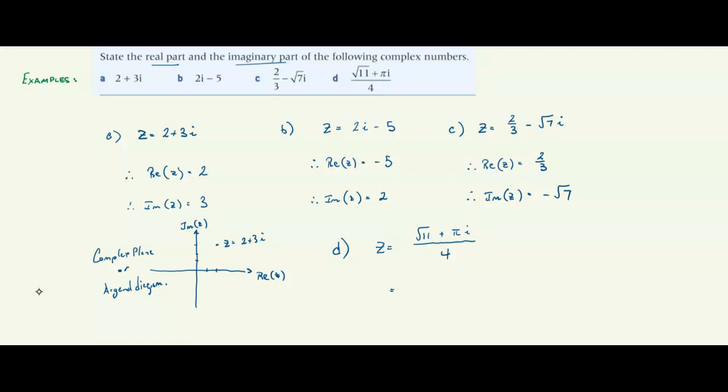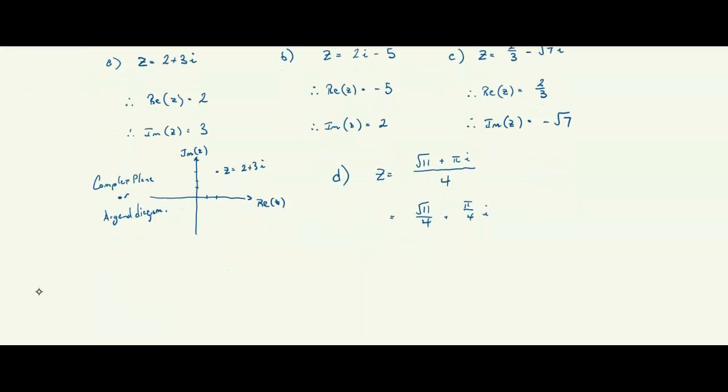So I want to see quite clearly my real part and my imaginary part. Therefore, my real part of z is equal to root 11 over 4, and my imaginary part of z is equal to just pi over 4.